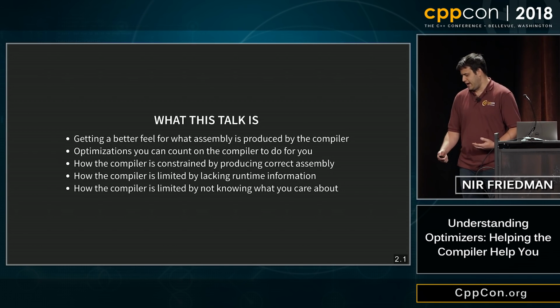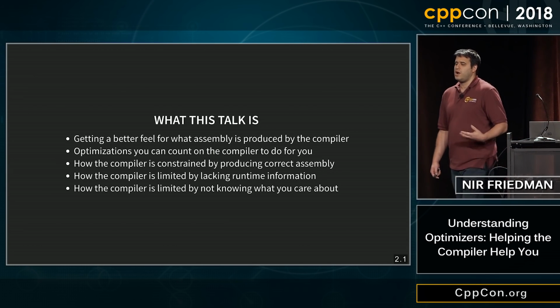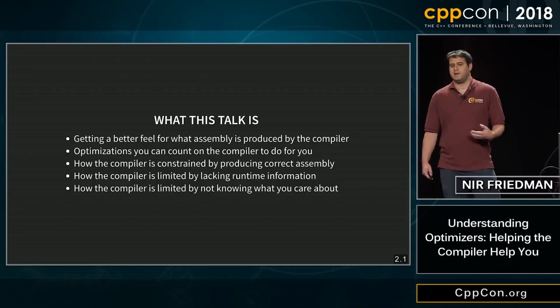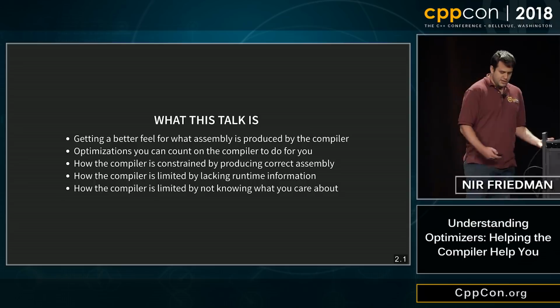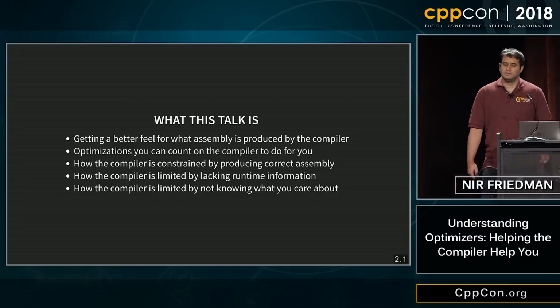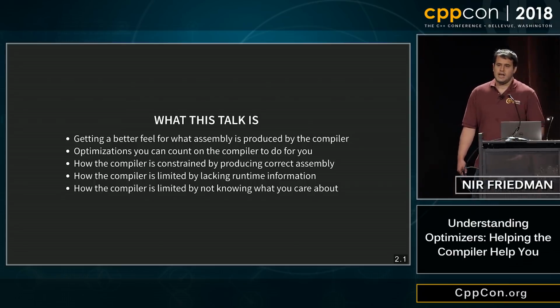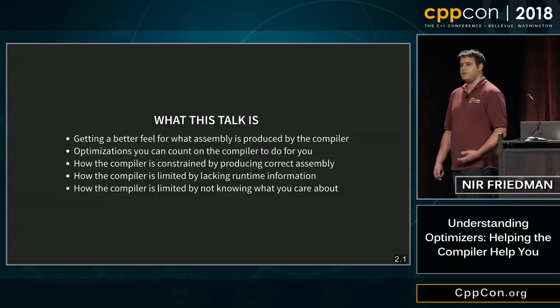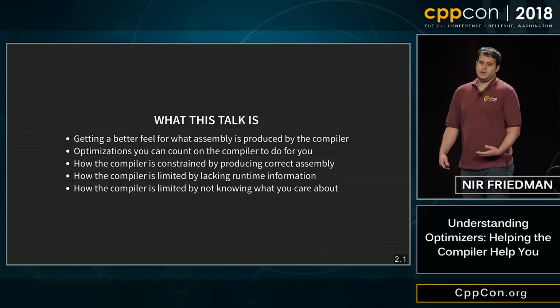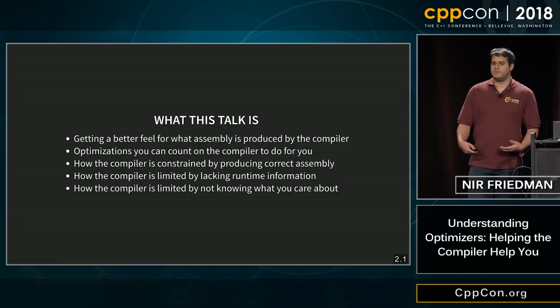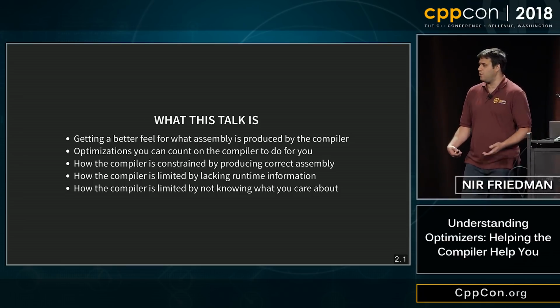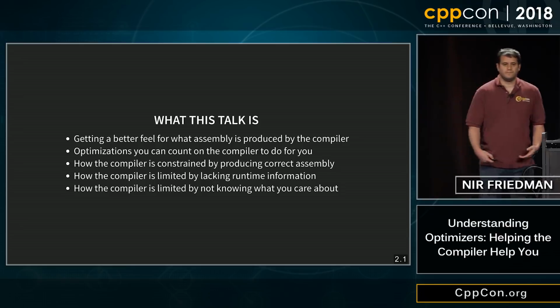It's to try to understand, this is very important, what optimizations can you expect a production-grade compiler to do for you? Which ones can it not do? And also to understand how the compiler is limited. There are some cases where the problem is not that the compiler is not smart enough, it's just that it's not possible for the compiler to know what it needs to know or do what you want it to do.